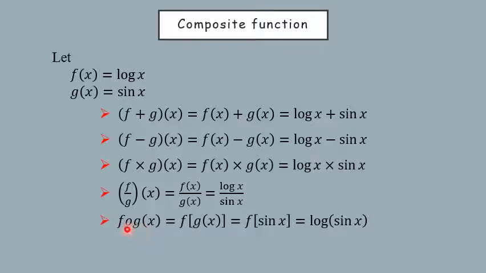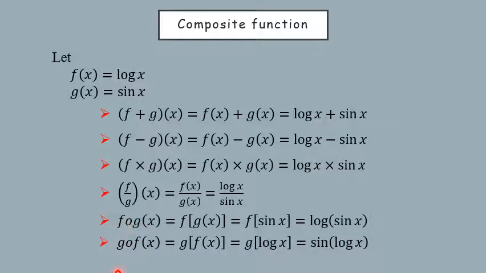Similarly, (g o f) of x is g of f of x, that is g of log x, and g of x is sin x, so g of log x is sin log x. So this is also a composite function of the given two functions. So this is addition of two functions, this is subtraction, this is multiplication, this is division, and these two are called composition of two functions.